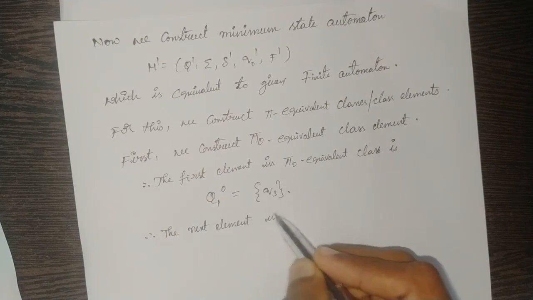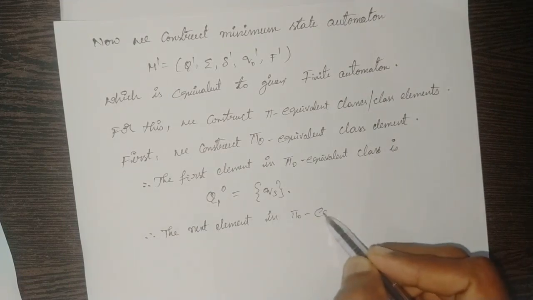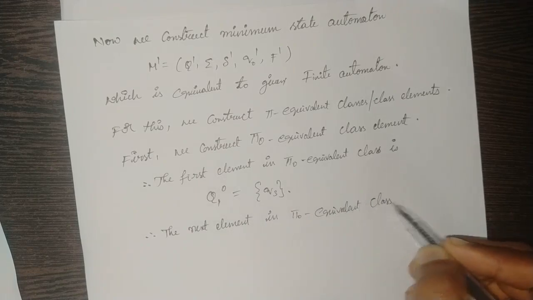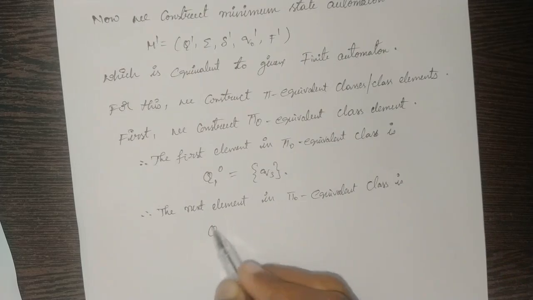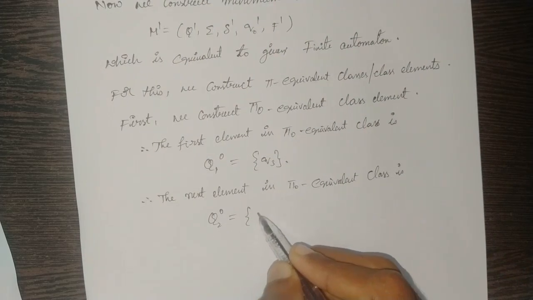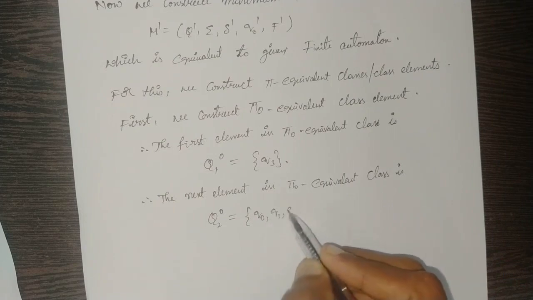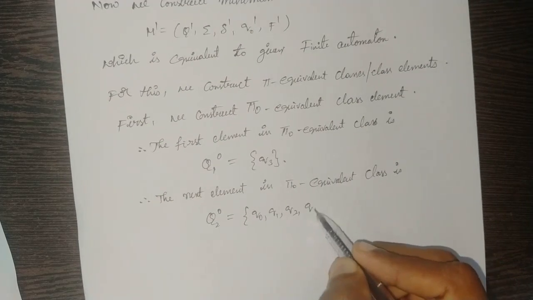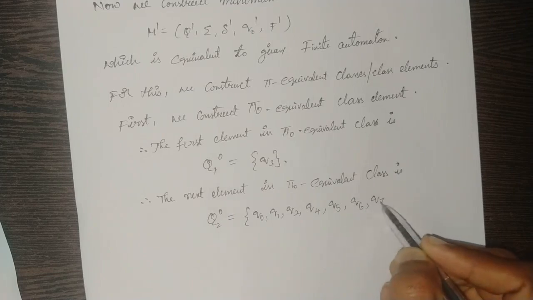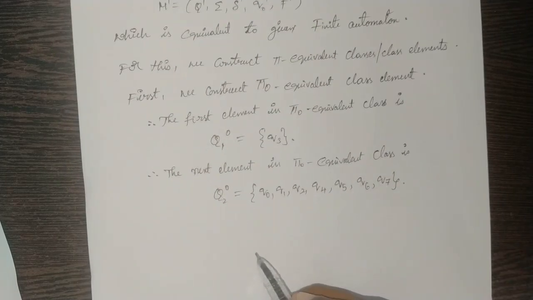The next element in the 0 equivalence class is denoted by Q2 naught. The rest of the elements are Q0, Q1, Q2, Q4, Q5, Q6, and Q7.